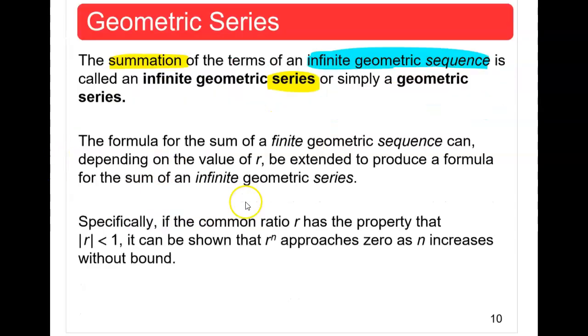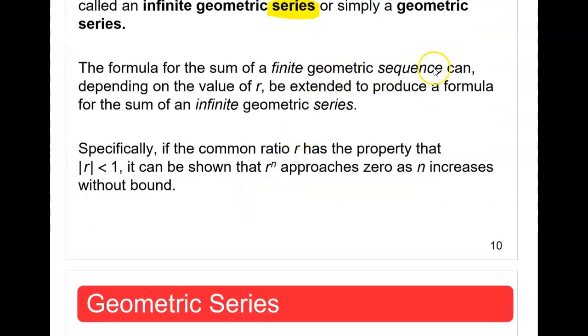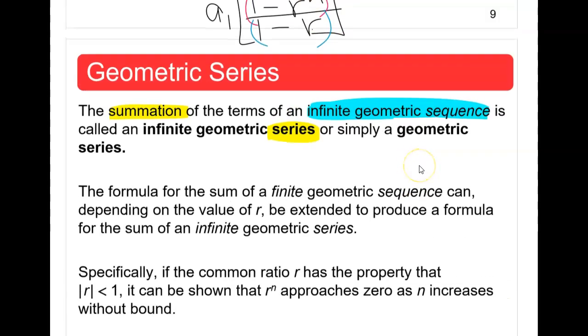The formula for the sum of a finite geometric sequence, so here going back to the previous, remember the difference between finite and infinite. I don't know what I'm missing here.